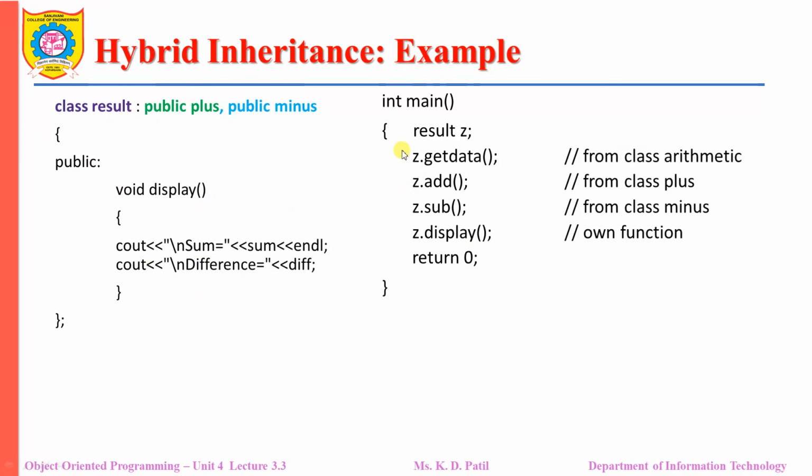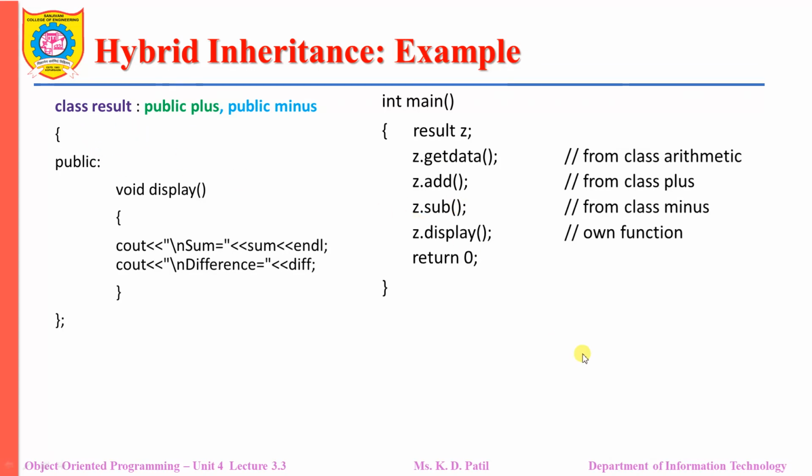So the get data function, add function and sub function are inherited from the base classes. And the data members, that is num1, num2, as well as n1, n2, sum, diff, are the data members which are invoked through these member functions by this derived class.